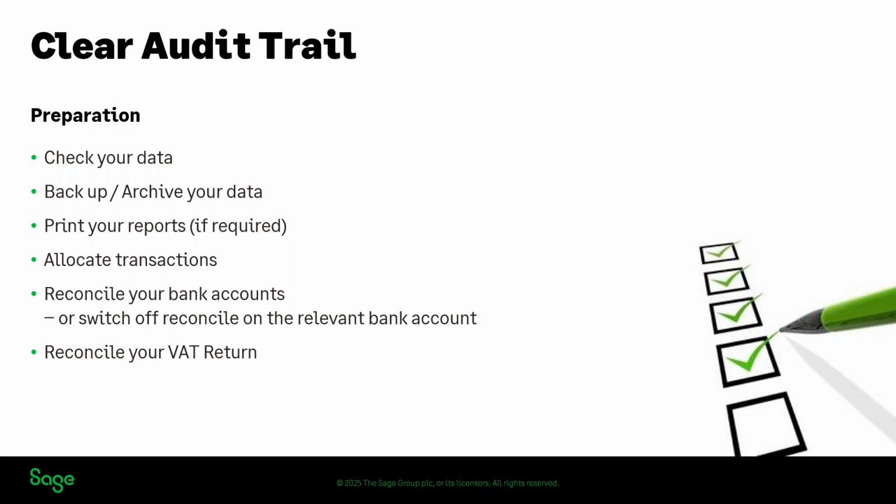What we found historically, before MTD, is that people would just generate a VAT return manually. They might run some reports, but because you could log on to the gateway or do a paper submission and just fill in the figures yourself, you might have submitted a period but not flagged the transactions as reconciled.